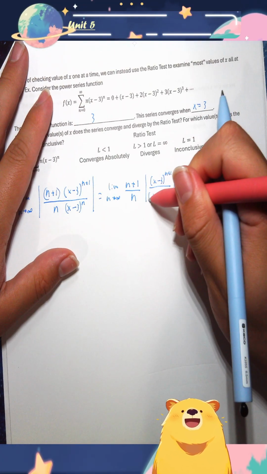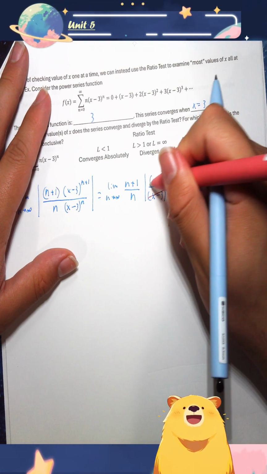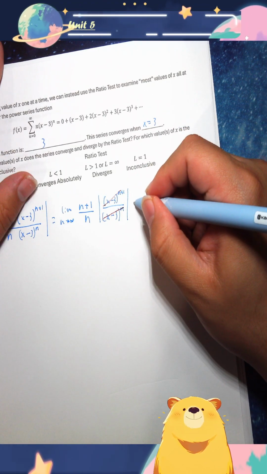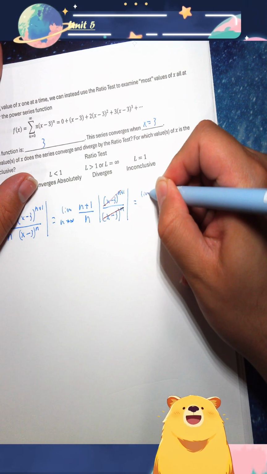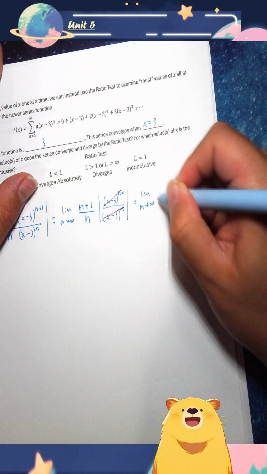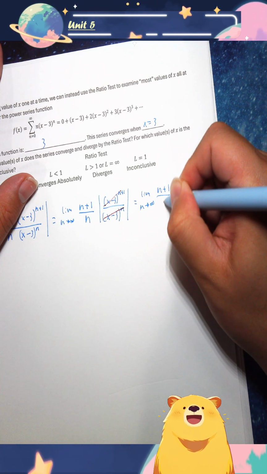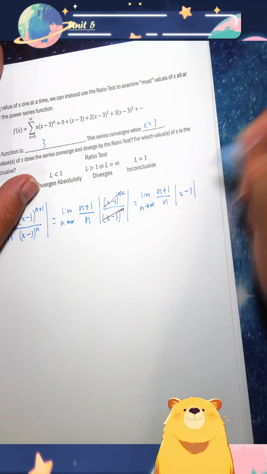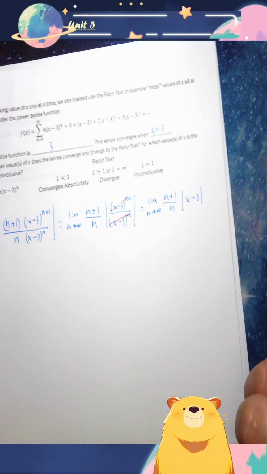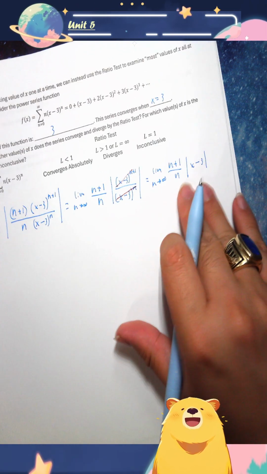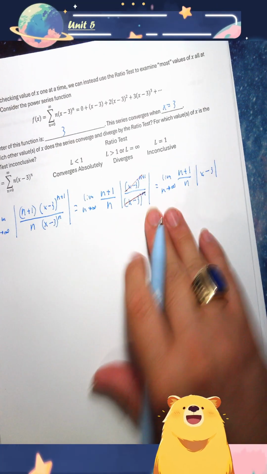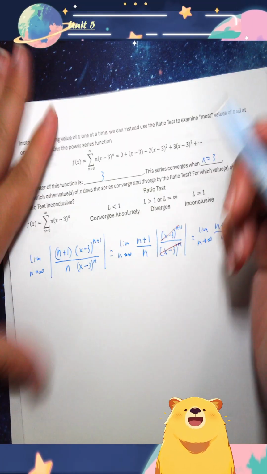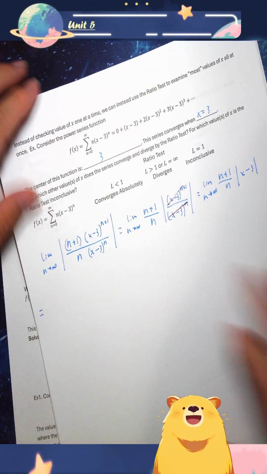But we see that this will cancel out, and this will cancel out, leaving 1 x minus 3. So limit as n goes to infinity of n plus 1 over n times the absolute value of x minus 3. Okay. From here, whatever this value is going to be is not relevant to the end. So it almost behaves like a constant from which we can take out that limit.